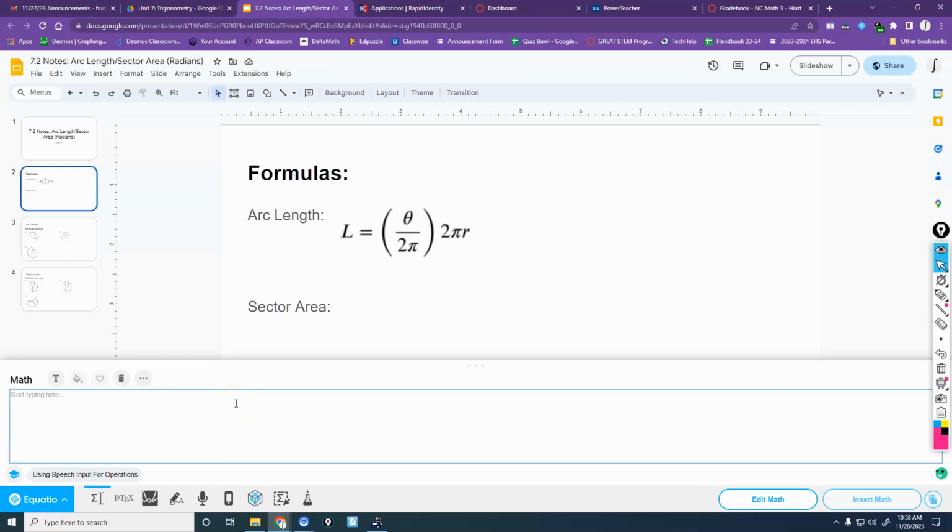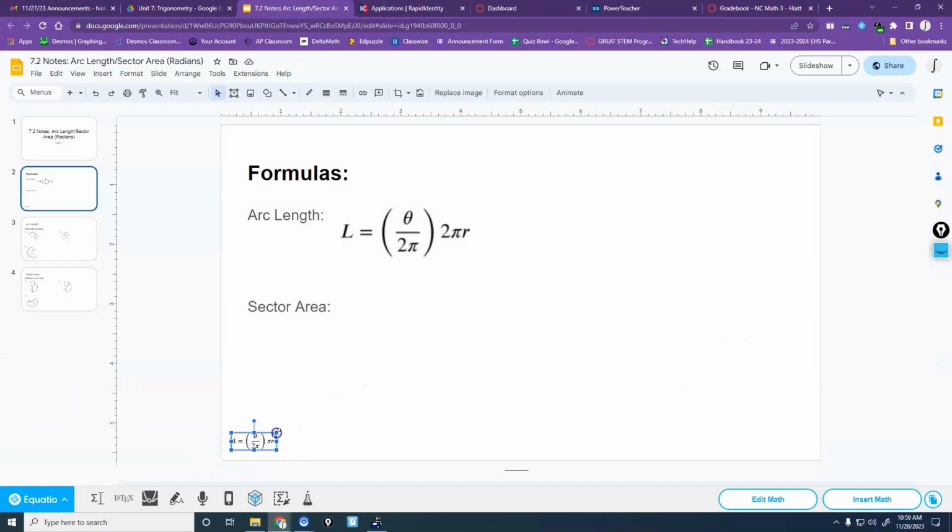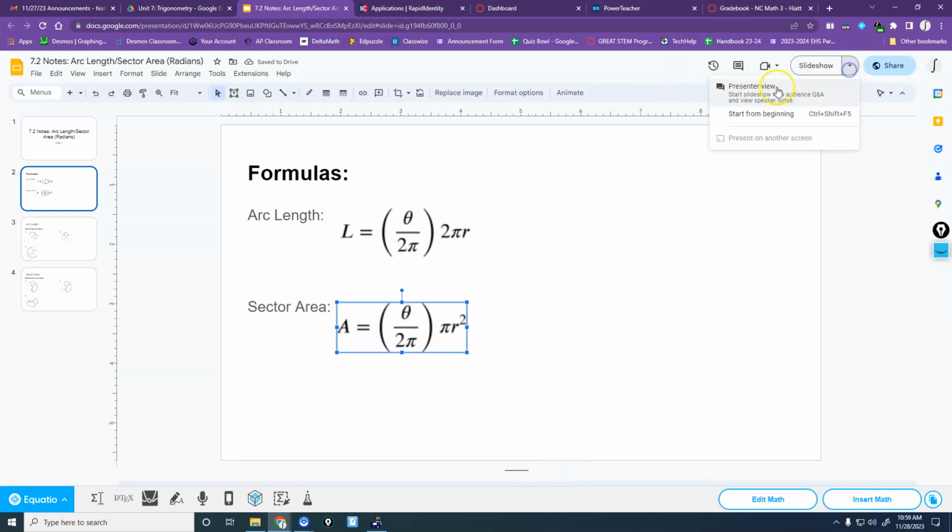Our area is going to equal theta over 2 pi times pi r squared. Okay, so basically on yours, the only thing that you've got to fix there is that instead of 3, you need to mark out that 360 that I put there on accident and make that 2 pi.